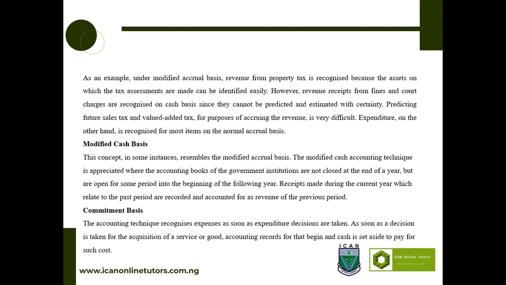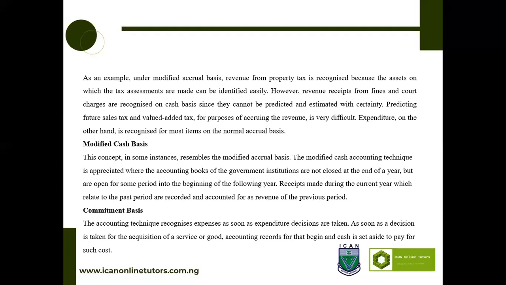As an example, under the modified accrual basis, revenue from property tax is recognized because the assets on which the tax assessments are made can be identified easily. Revenue received from fines and court charges is recognized on the cash basis since it cannot be predicted and estimated with certainty.